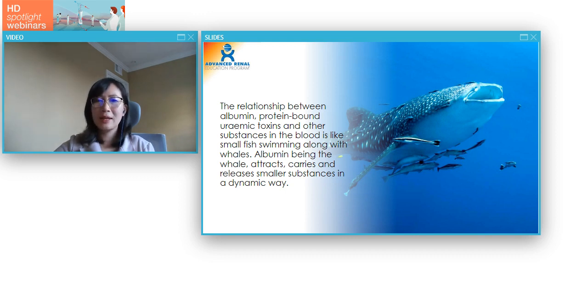They attract, they carry, and they release those small molecules in a very dynamic way. So toxins could hop on to albumin molecules and stay for a relatively short period of time, and they may leave. Once they return, they bind to another albumin, or maybe they bind to the same albumin. So this process goes on and on.